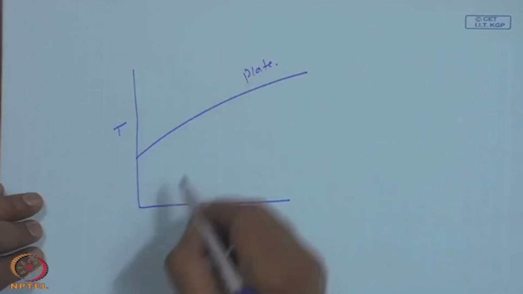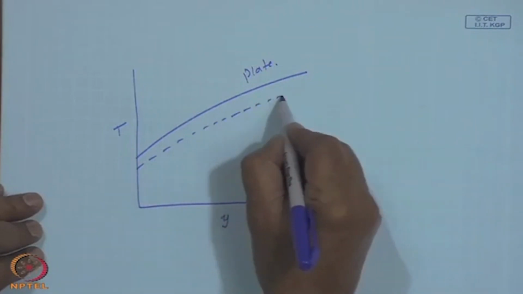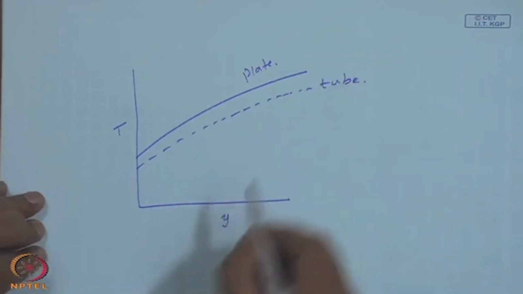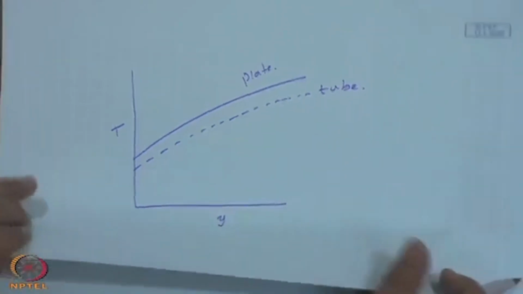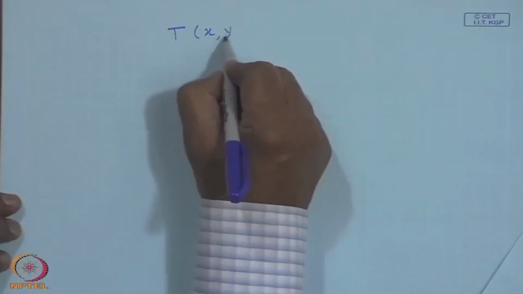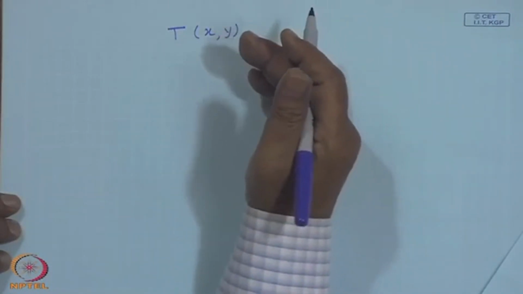This temperature will be higher than the temperature on the tube, because the heat is being transferred into the tube from the plate region. So, in general my temperature is a function of x and y, y being along the length of the tubes or the collector and x being across that.